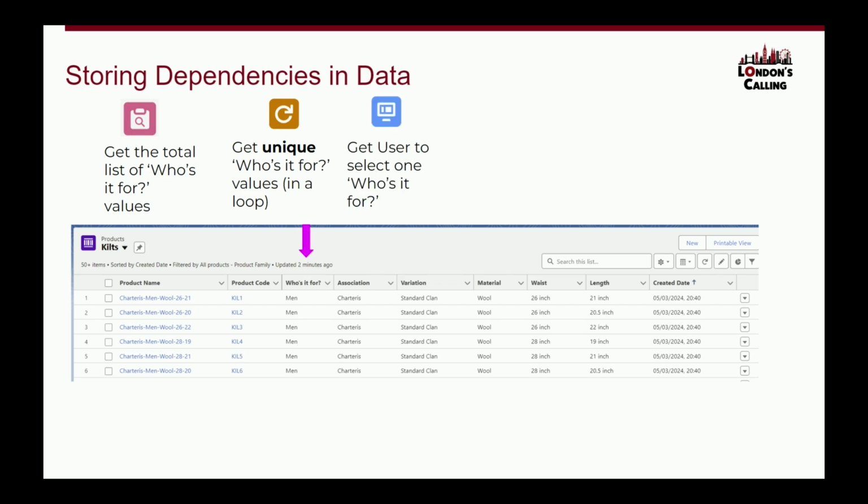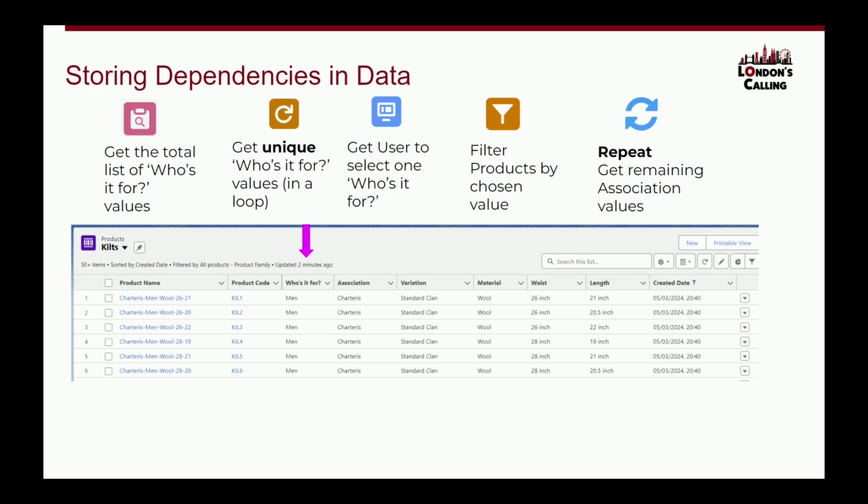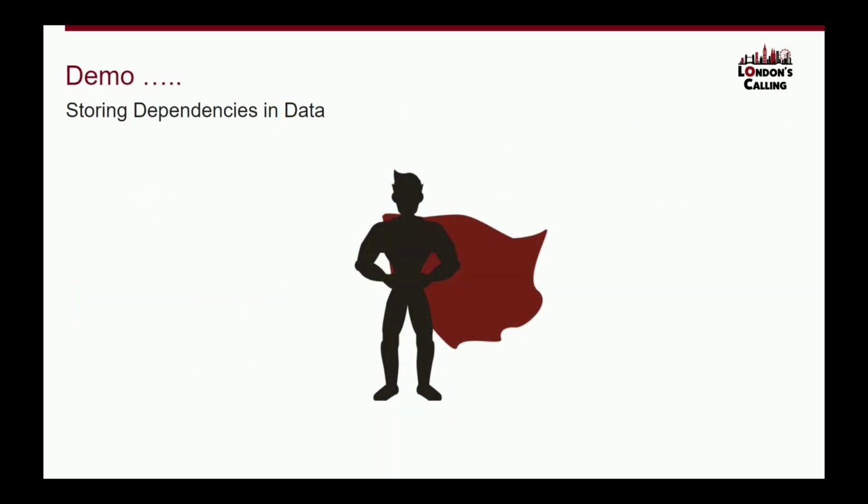We'll get the user to select one of the who's it for values. We'll filter the products down by the value they chose, and then we'll go again. With the remaining products, we'll look at the association and get a unique list of the associations and show that to the user. And we'll carry on filtering down until we get the one that they're selecting.